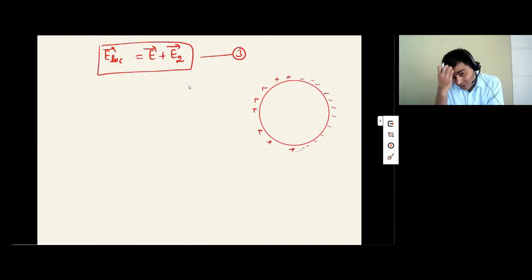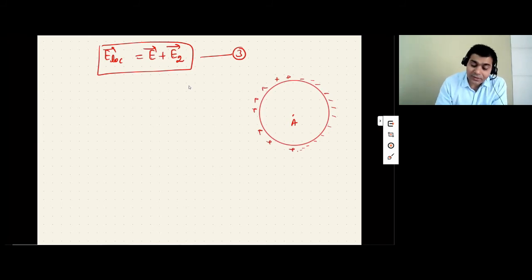Overall, this is neutral, and we will be calculating the net amount of charge present on this cavity. Only then can we calculate the electric field at its center, which is at the reference atom A. We can only calculate the electric field at A if we know the surface charge present on this cavity.